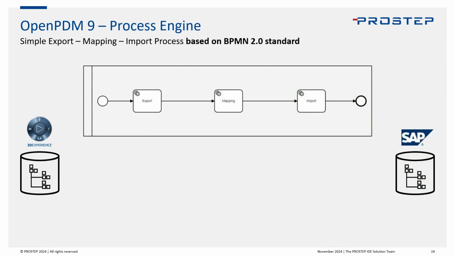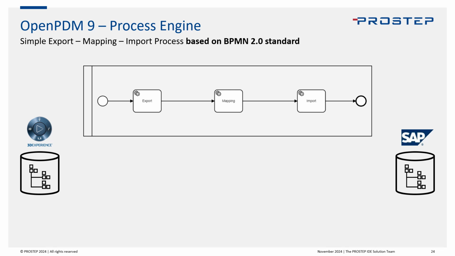So a simple process within OpenPDM using the OpenPDM process engine maybe looks something like this, where you have 3D experience on the left-hand side, you've got SAP on the right-hand side, and you want to have a process that communicates the data from 3D experience to SAP.